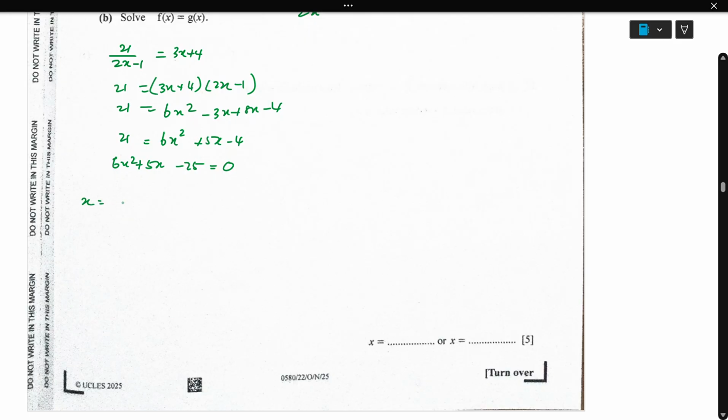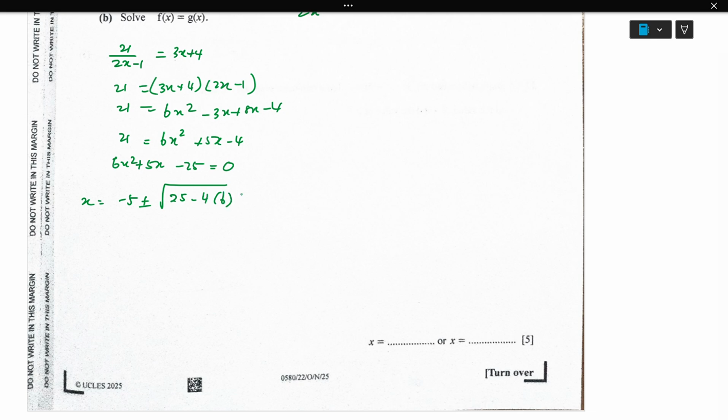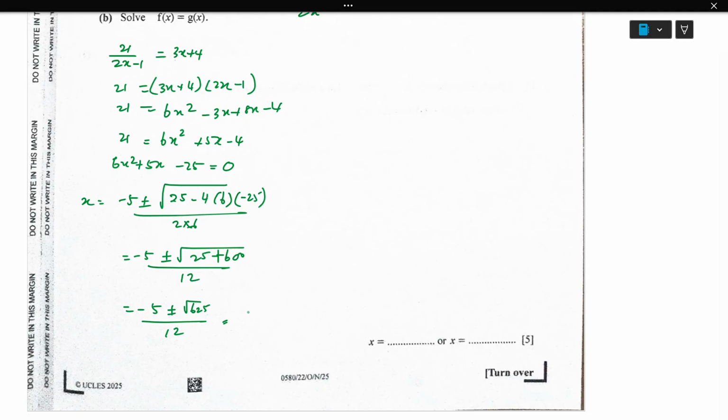I'll use the quadratic formula, minus b plus or minus the square root of b squared minus 4ac over 2a. So minus 5 plus or minus the square root of 25 plus, 25 times 4 is 100, 100 times 6 is 600, over 12. So negative 5 plus or minus the square root of 625 over 12, which is minus 5 plus or minus 25 over 12.